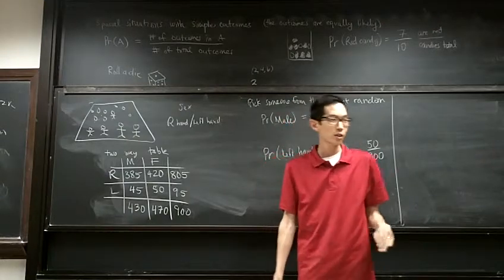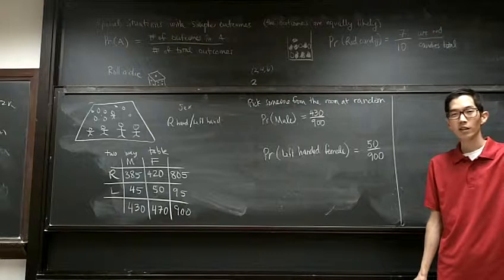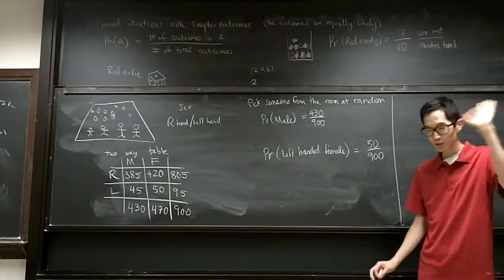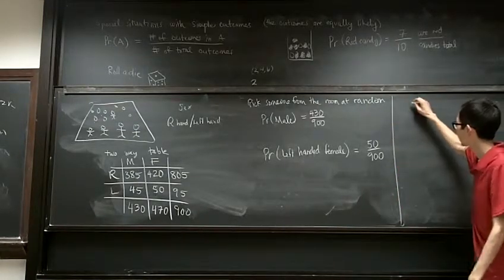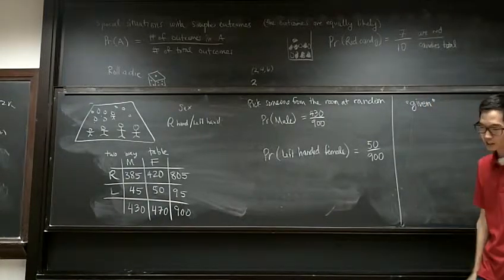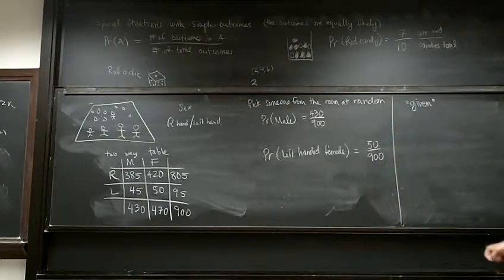If I pick you and you happen to be female, don't allow yourself to be picked. So this is changing it up, and we're going to use this term called given. It's a funny word, but it just means given. That just means we're limiting ourselves just to one specific condition, or an event per se.